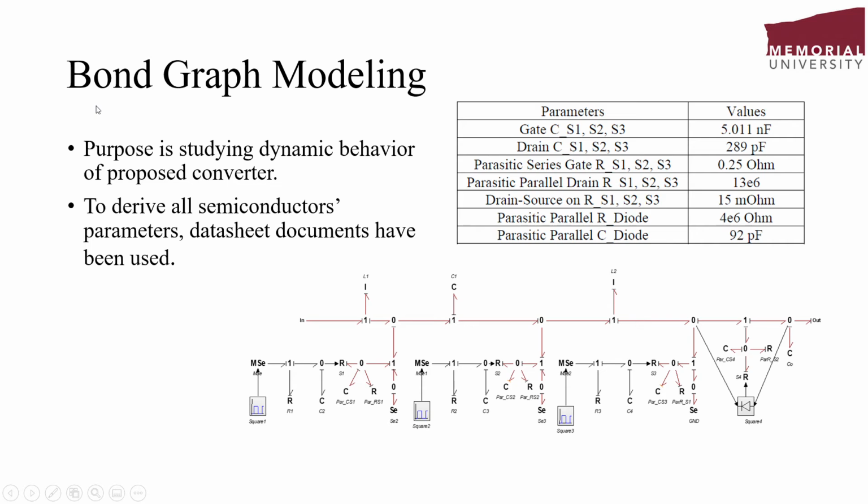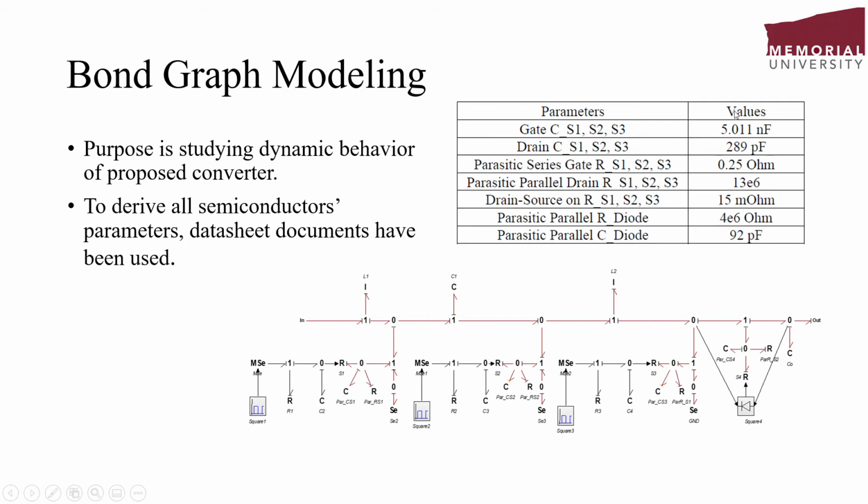Here we have the bond graph modeling of this DC-DC converter. The purpose of this modeling is studying the dynamic behavior of the proposed converter. To derive all semiconductors' parameters and parasitic components, we use the datasheet documents.